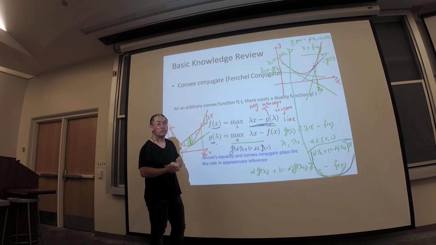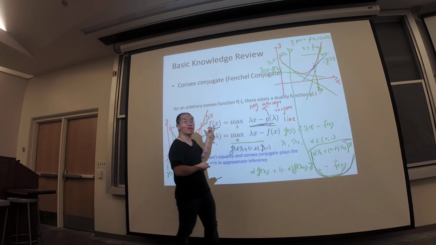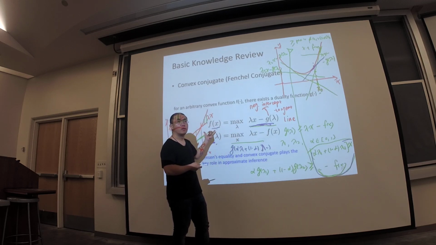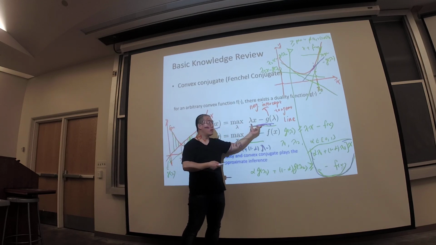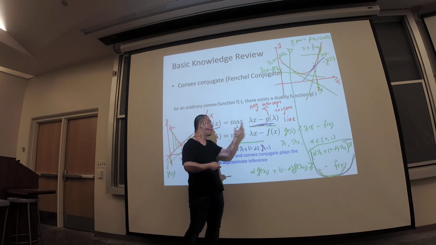Why can't we do the same thing for the upper equation, like just substituting x and lambda? Yeah, you can do that. If g lambda is convex, then f x is convex for sure. And if you define f x as this, no matter whether g lambda is convex or not, f x is always convex.